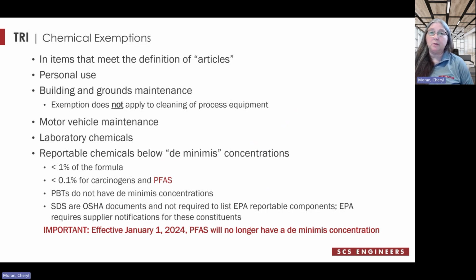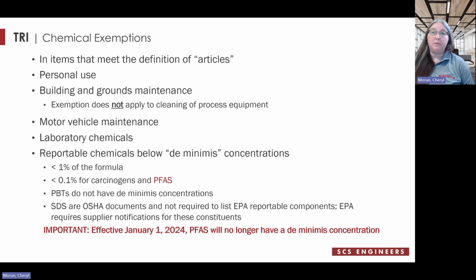As a general rule, any chemical less than 1% of a formulation, or in the case of PFAS and carcinogens, less than 0.1%, is considered exempt. So you do not need to include those in the calculations.